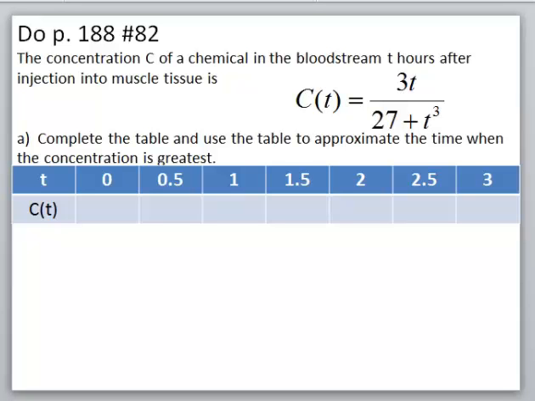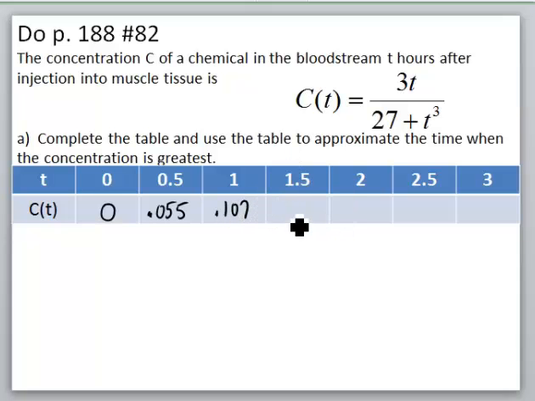And we're then going to go into the table part of it, and we're going to start to ask it questions. So what's happening at 0? Well, when I type in and ask what's going on at 0, I get 0. When I type in 0.5, I get 0.055. When I type in 1, I get 0.107.